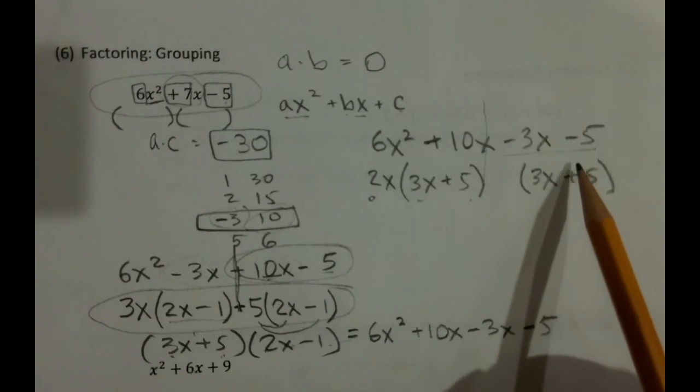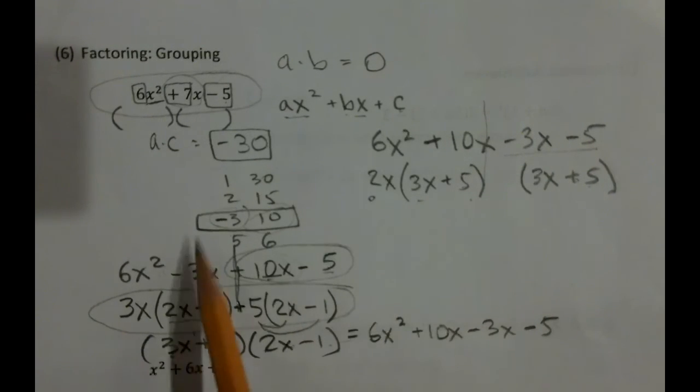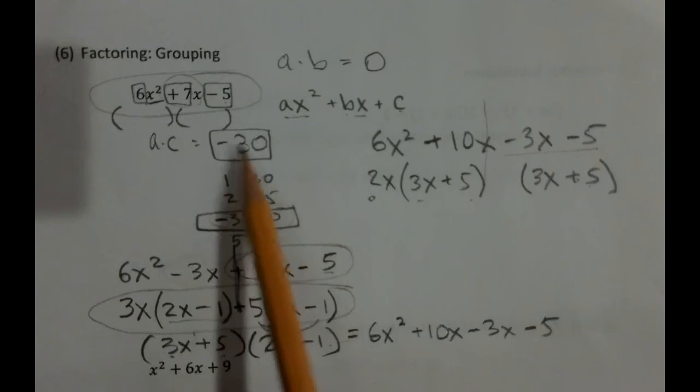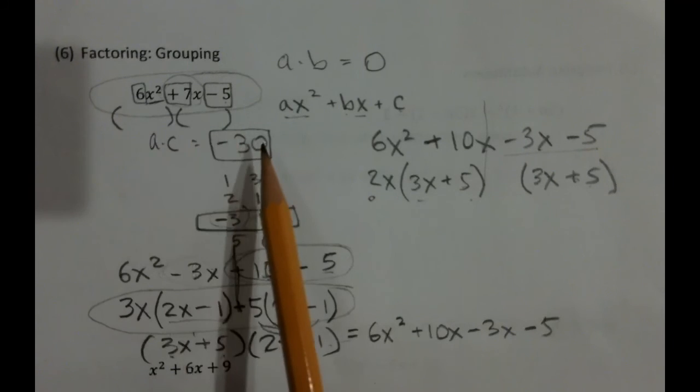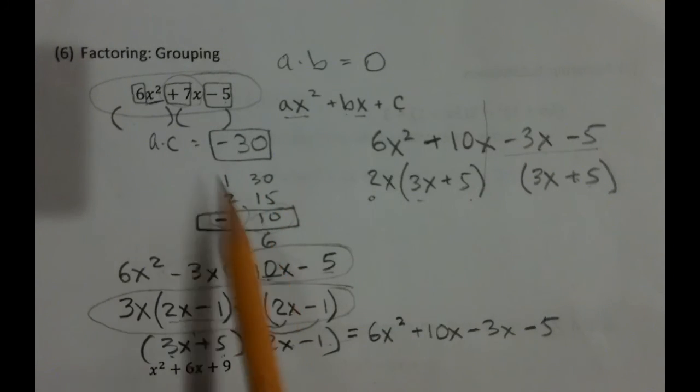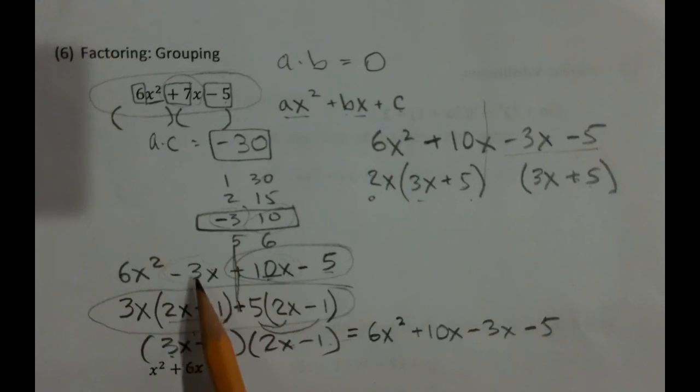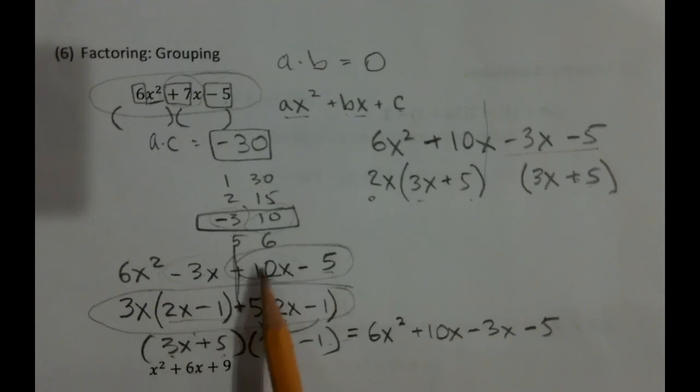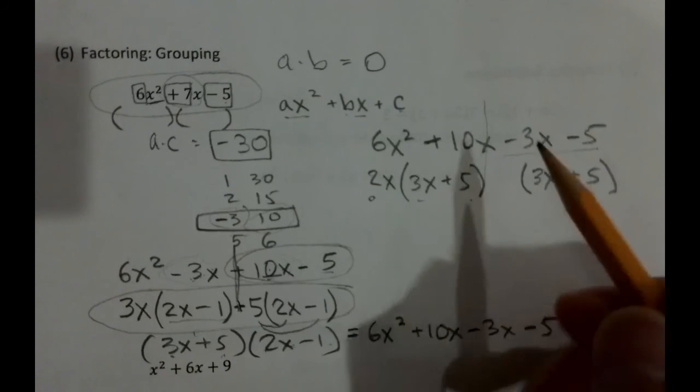Why that happens is basically we force that to happen by taking those, multiplying them, finding factors that add up to the middle, and then splitting the middle term into these two terms. We're basically forcing this to happen.